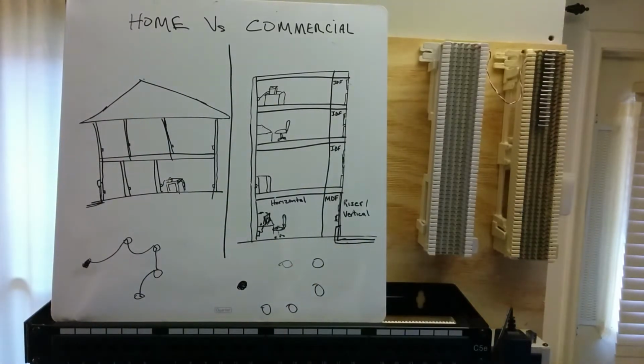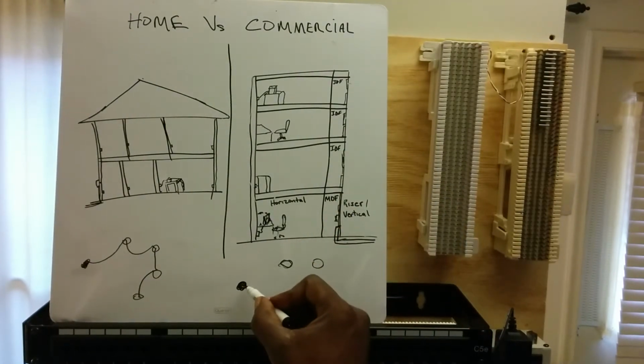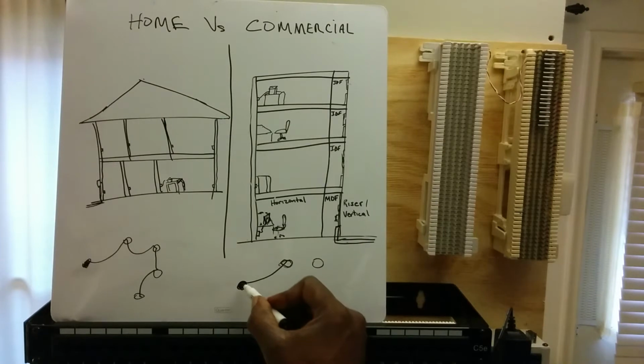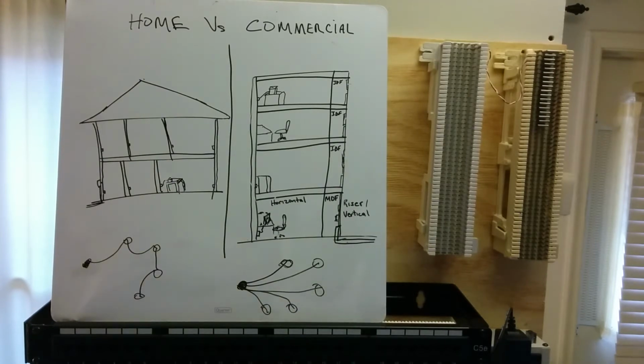It's going to be different. The way this type of setup is wired, you have a separate run for each. It looks more parallel. That's a fundamental difference, I think, between the two.